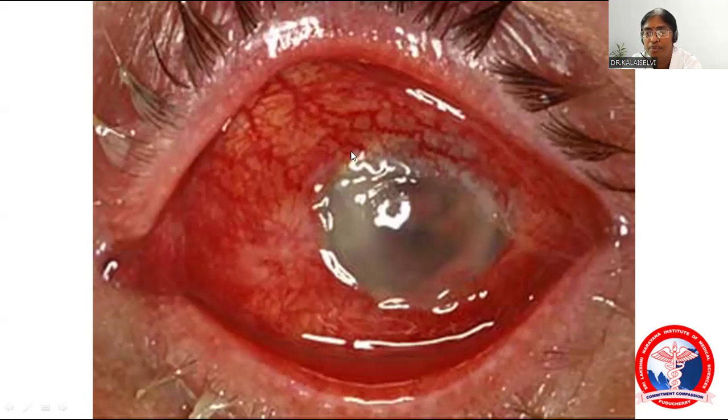Here, extraocular movements are severely restricted. So this is the picture of endophthalmitis, which can lead to panophthalmitis or orbital cellulitis.